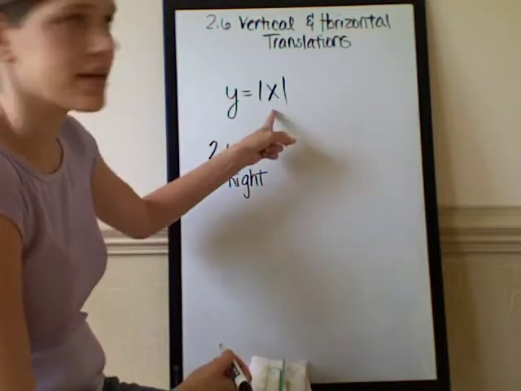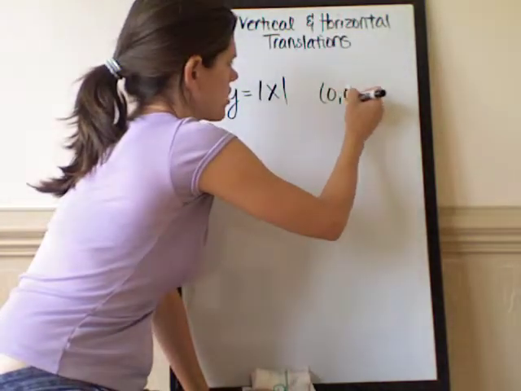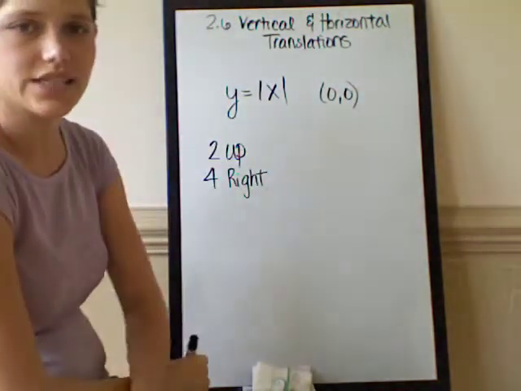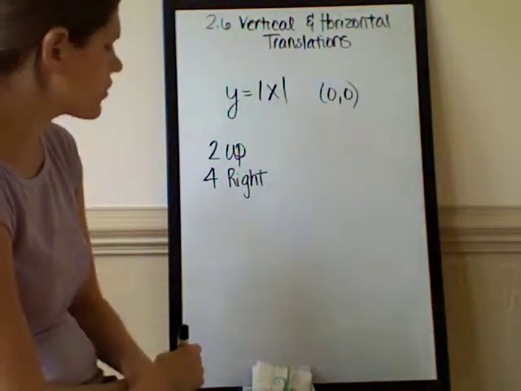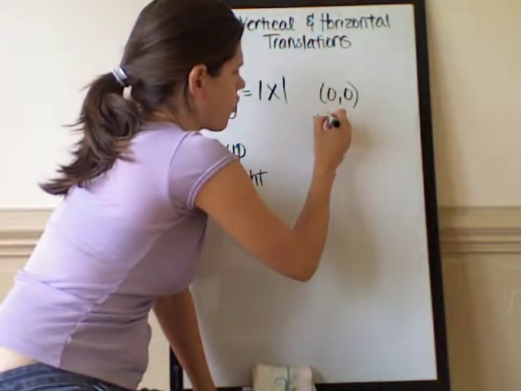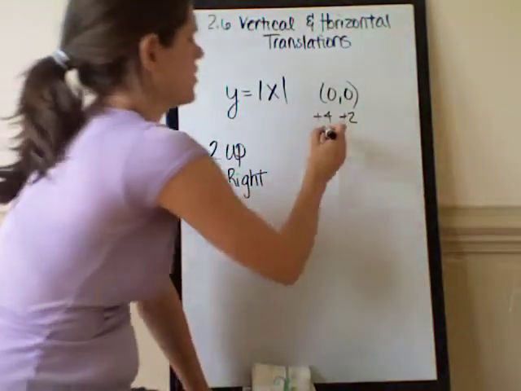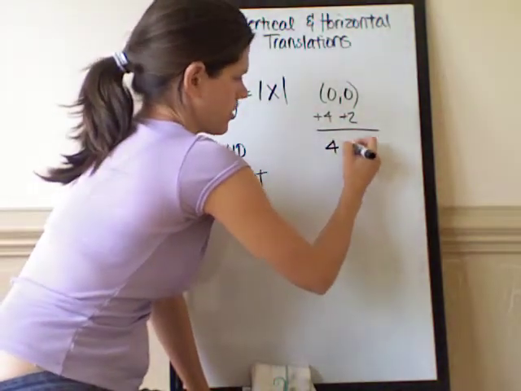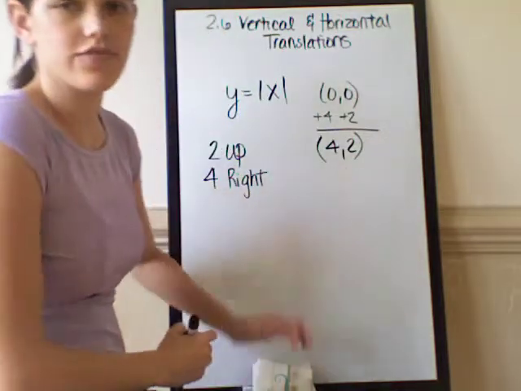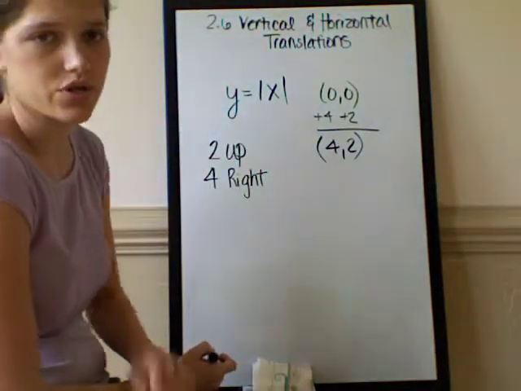Right now, this parent equation's vertex is at 0, 0. So if I'm going 2 up and 4 to the right, that means I'm going 4 on the x, 2 on the y. My new vertex is 4, 2.